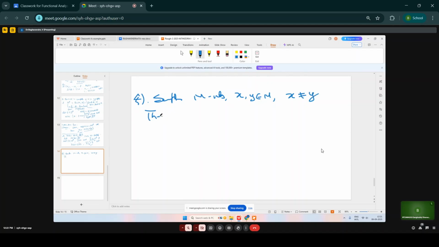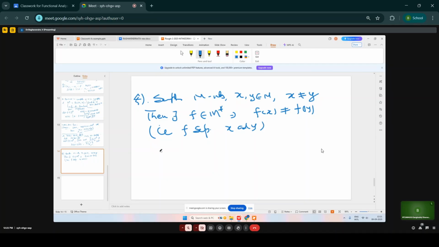Then there exists f in M star such that f of x is not equal to f of y. That means f separates x and y.